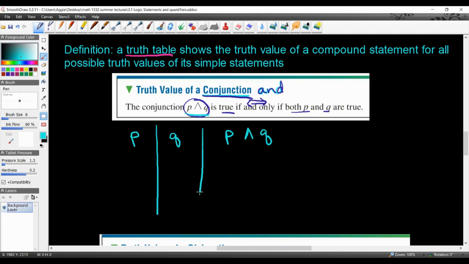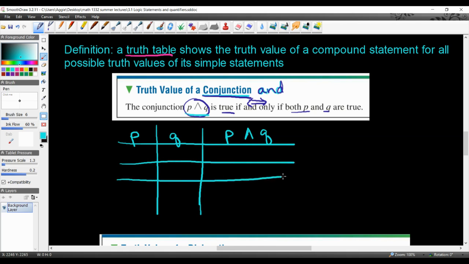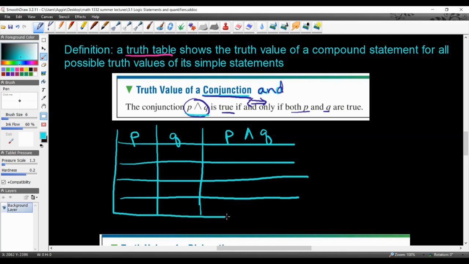What we do is make a chart, and we list all the possible values of P and Q. In your book it's all nicely boxed up, but that's all right. The possible combinations are as follows. P can be true and Q can also be true, so they can both be true.